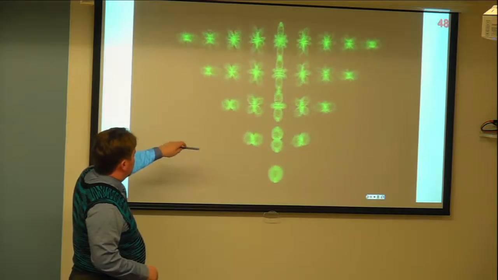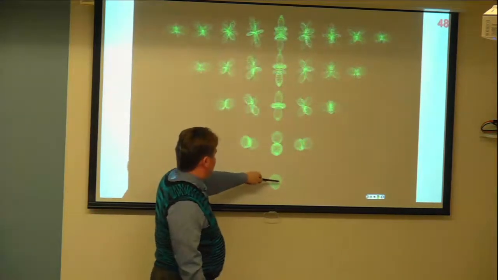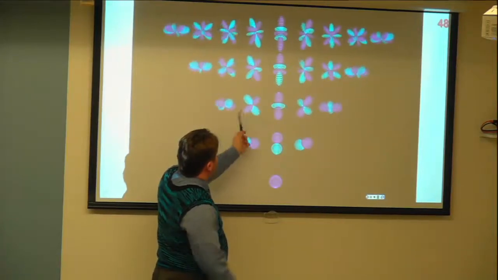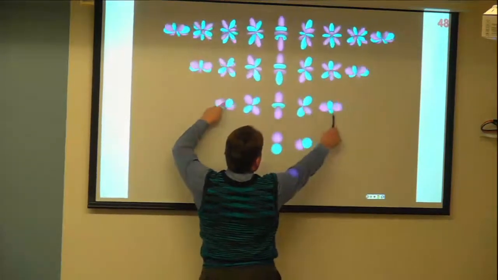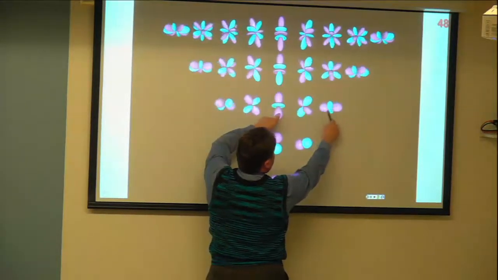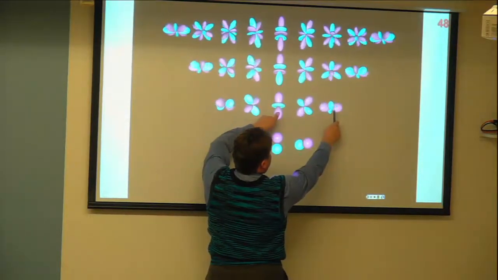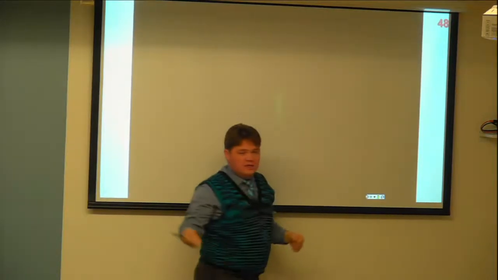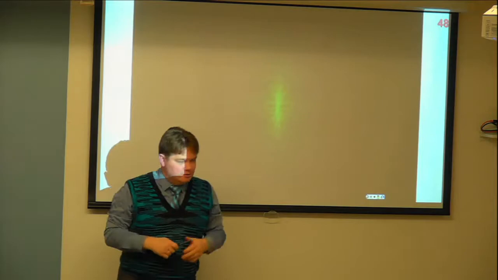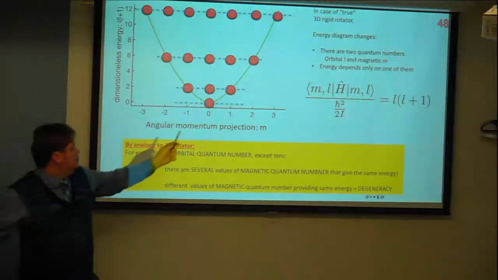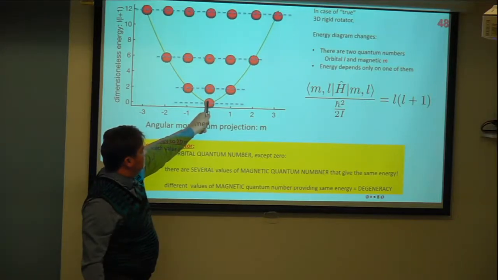Okay, so different values of energy, total energy of rotational motion. And for each value of energy, there are several states which differ by amount of rotation in xy plane. So the larger number of these lobes, the quicker the rotation. So this figure illustrates this.